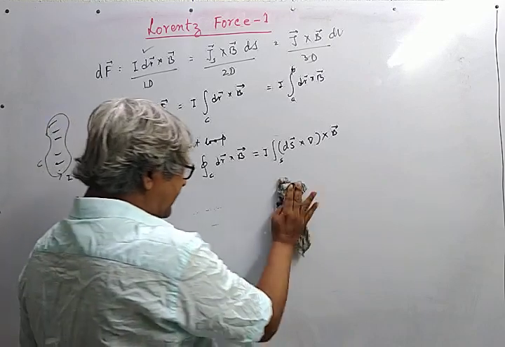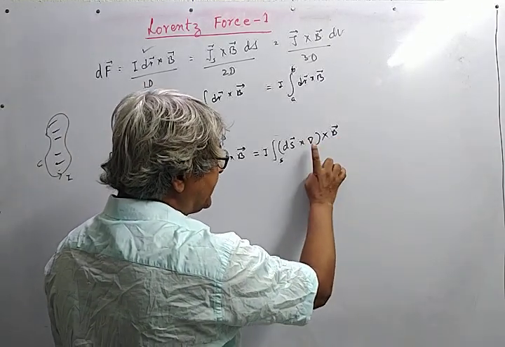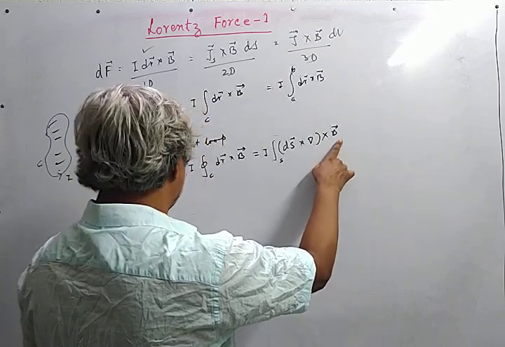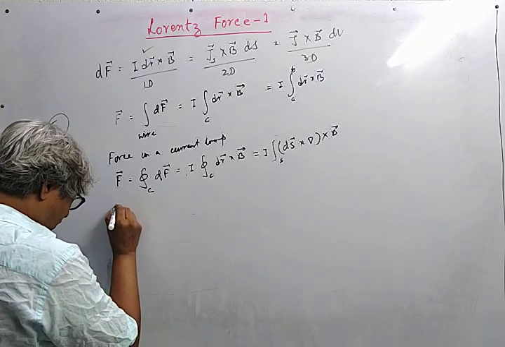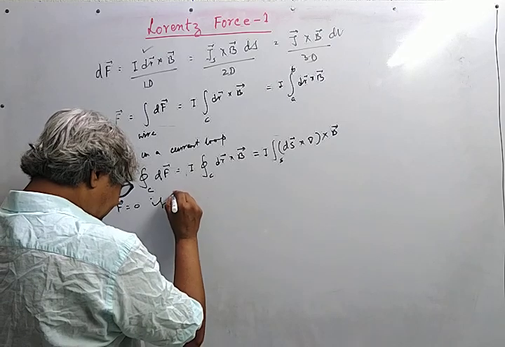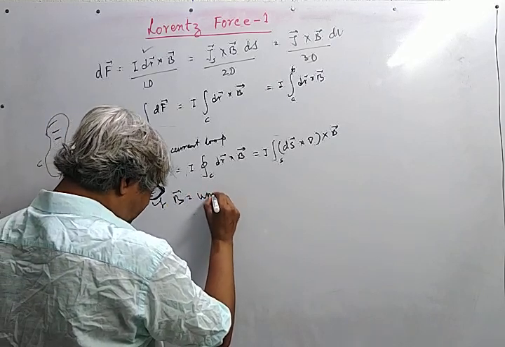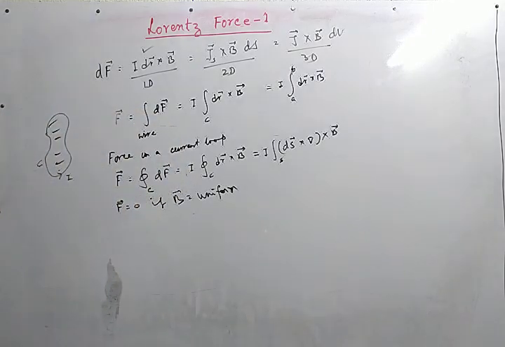One thing is clear: if B happens to be uniform, then the curl of B, that is nabla operating on B, is 0, so F is equal to 0 if B is a uniform field. In the case of electrostatics, we found that whenever a dipole is placed in a uniform field, no translational force acts on it. The same thing has happened here.